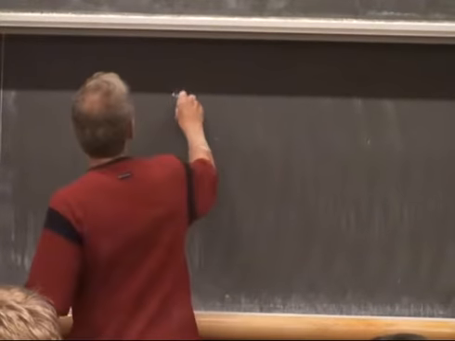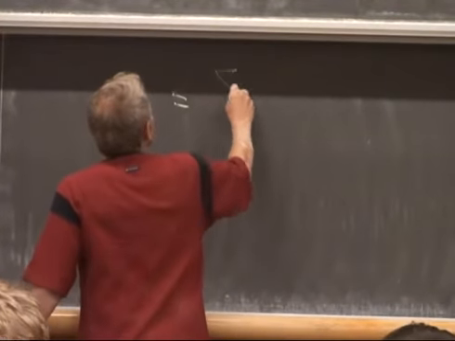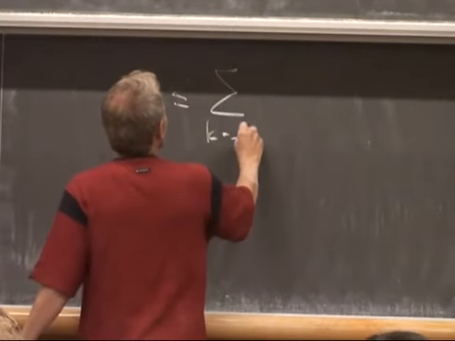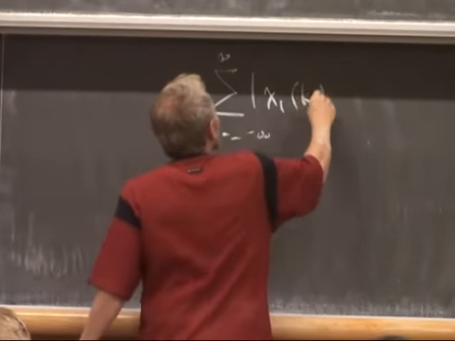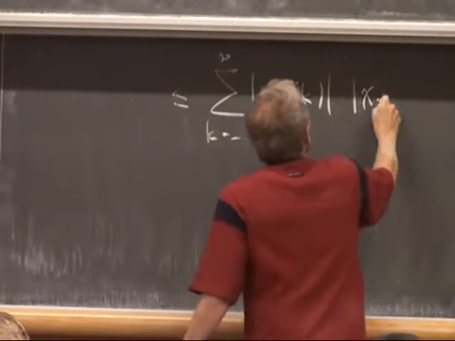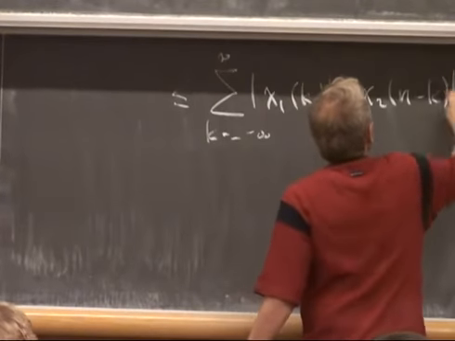And here's where I'm being undetailed because I'm doing it with an infinite sum instead of a finite sum. So this is less than or equal to the sum from k equals minus infinity to infinity of absolute value of x1 of k times the absolute value of x2 of n minus k.